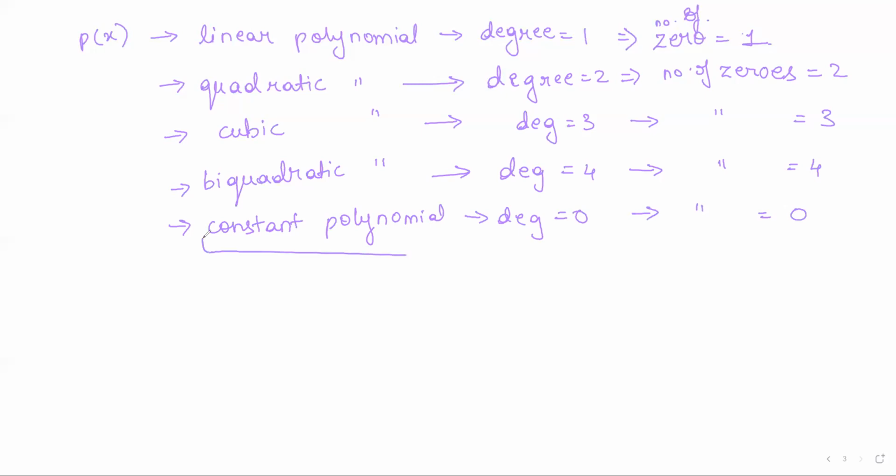Now this constant polynomial has an exception case. Constant polynomial except for zero polynomial. Do you remember zero polynomial from the last class? Let's revise it quickly. So t of x is equal to 4. This is a constant polynomial.